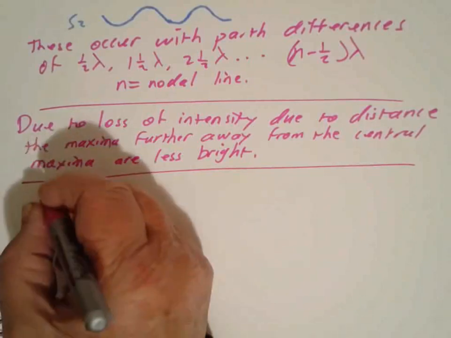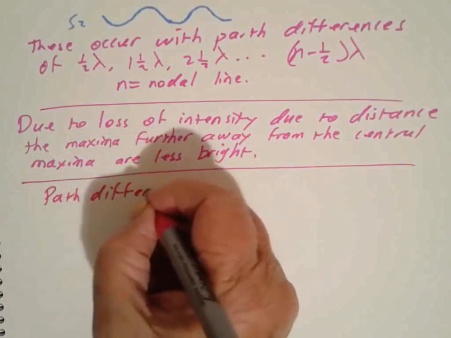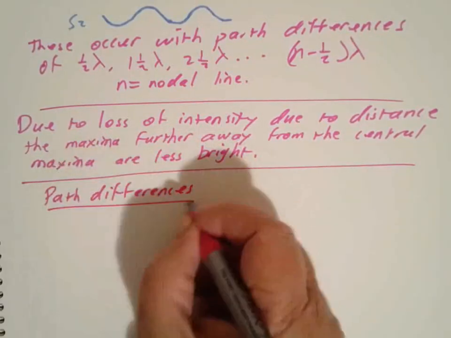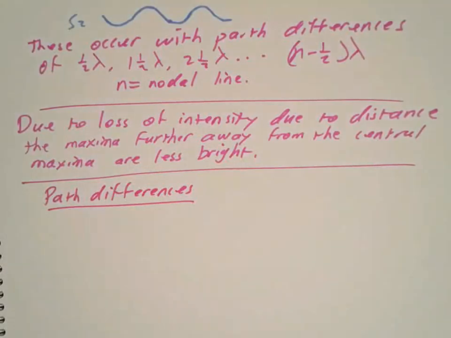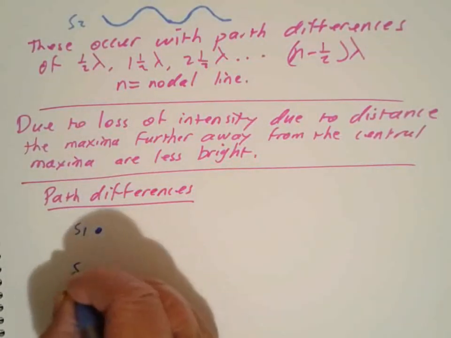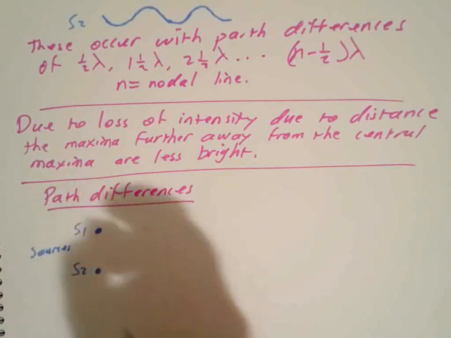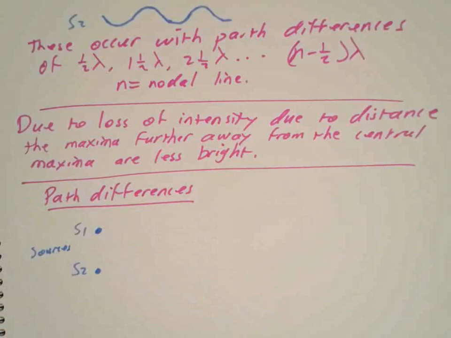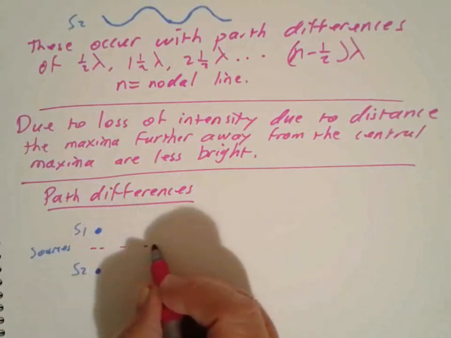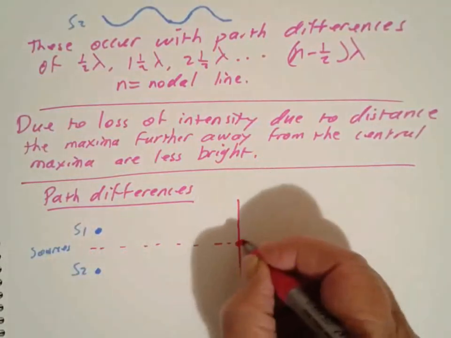Okay, path differences, and what that actually means. So let's draw it a completely different way. S1, S2. So the two sources. We won't try drawing all the waves. We'll just try drawing a dotted line over to the screen where we're detecting things.